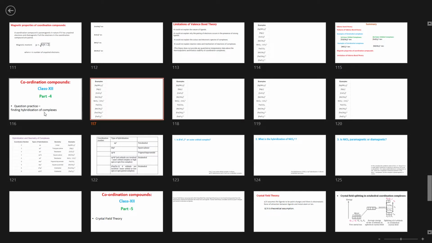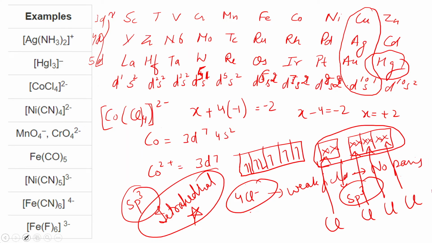Where are those unpaired electrons? Unpaired electrons are basically, let me change the color of the pen. Okay. In this 3D orbital, these three unpaired electrons are present.